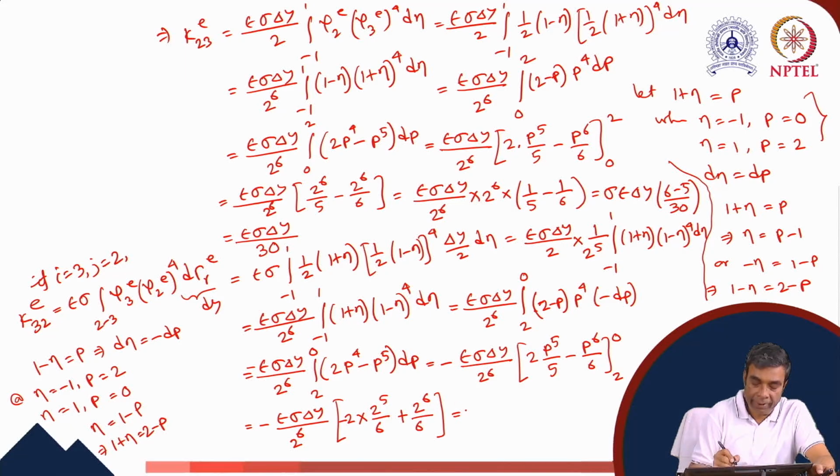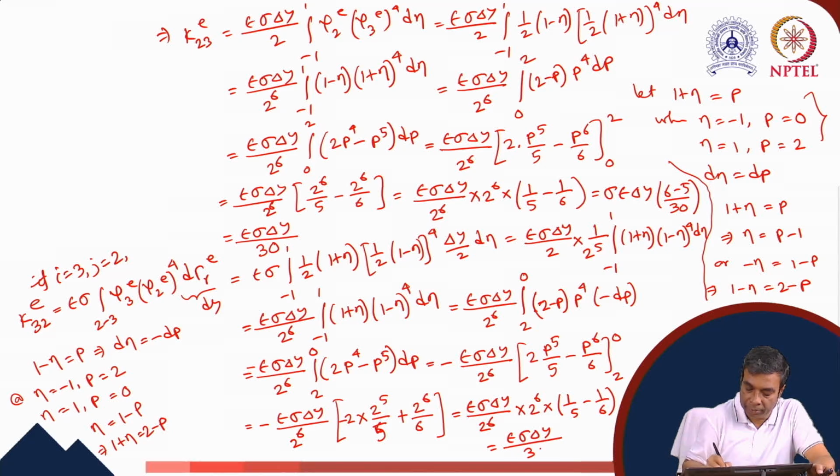Then the minus sign at the front makes a further change. This gives us epsilon sigma delta y by 2 to the power 6 into 2 to the power 6 into, 1 by 5 minus 1 by 6. So this gives us epsilon sigma delta y divided by 30.